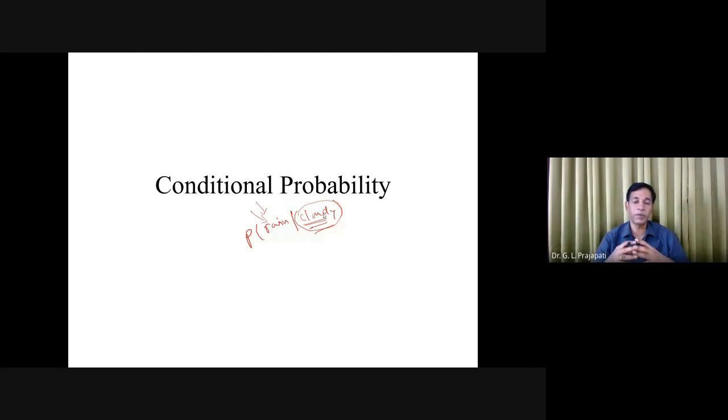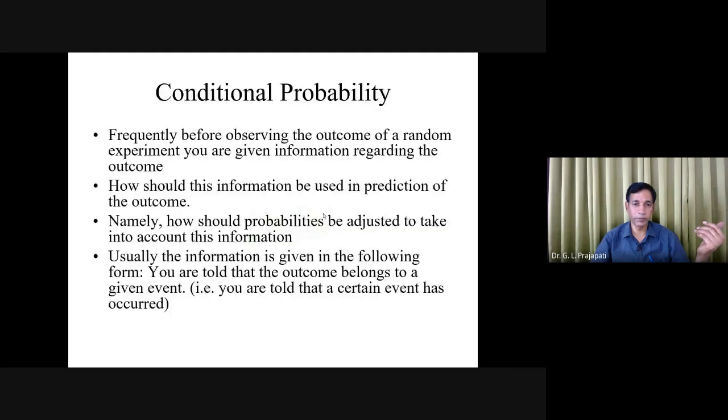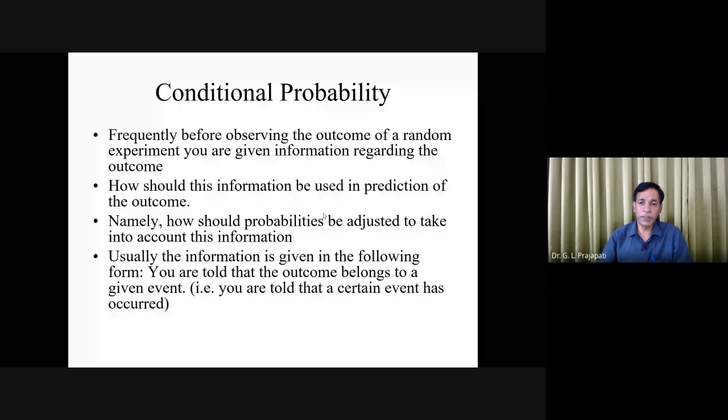When your probability is going to include the additional information, so you are incorporating the additional information given to you in the probability, then this is the conditional probability. So this is very important. Most of the time you have to deal with conditional probability. Before observing the outcome of a random experiment, you are given information regarding the outcome.